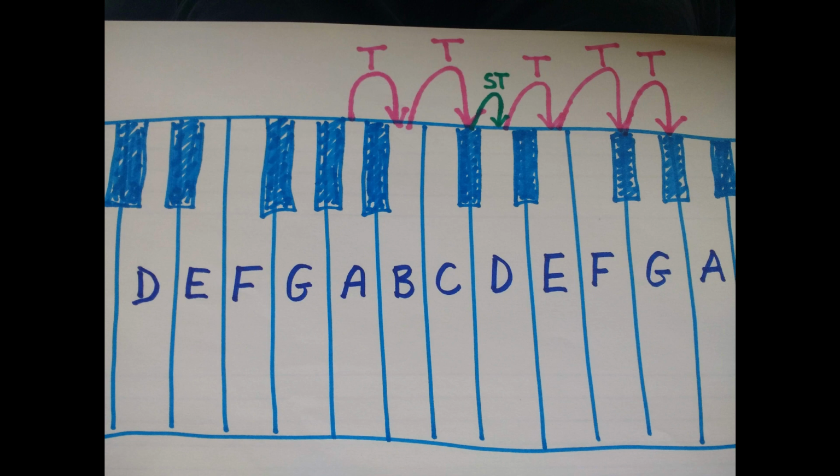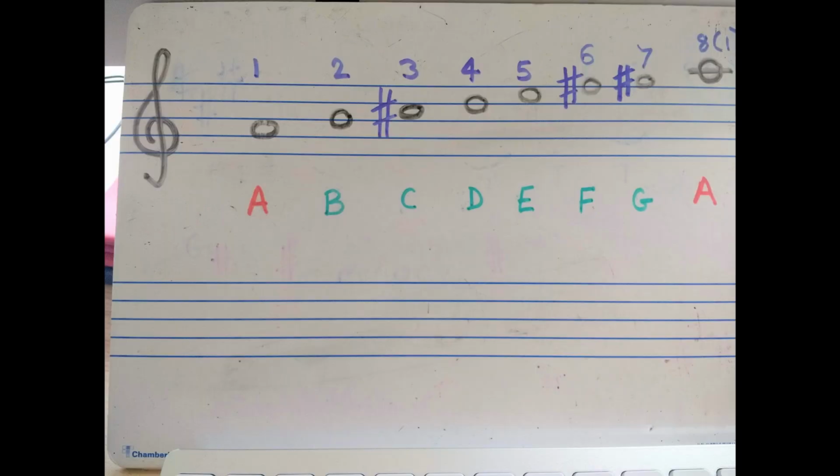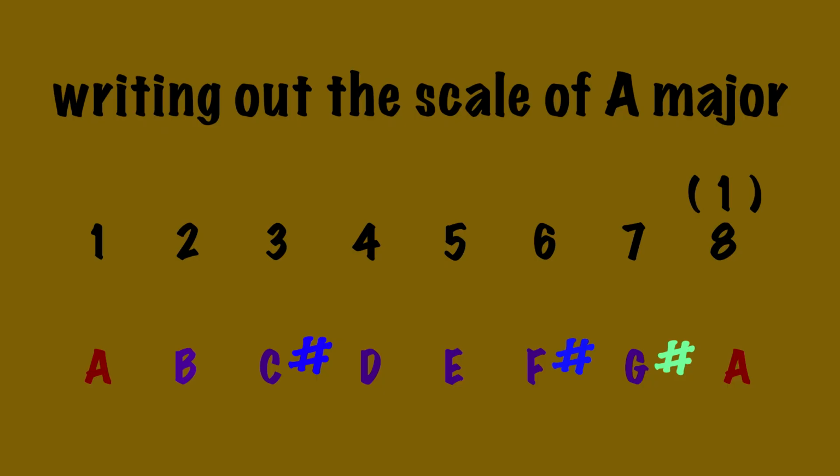From F sharp, we go up another tone, and that takes us to G sharp. And for all the reasons that we've already talked about, we know that this is a G sharp rather than an A flat, because it's the 7th note. We know it has to be some kind of G. Also, you are never going to get an A flat in A major because the name of the key is A major.